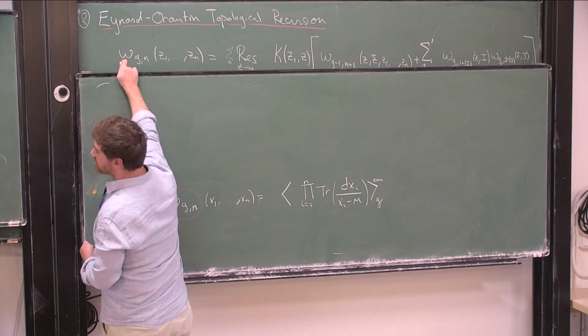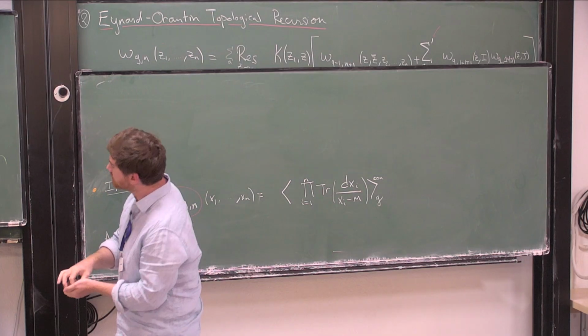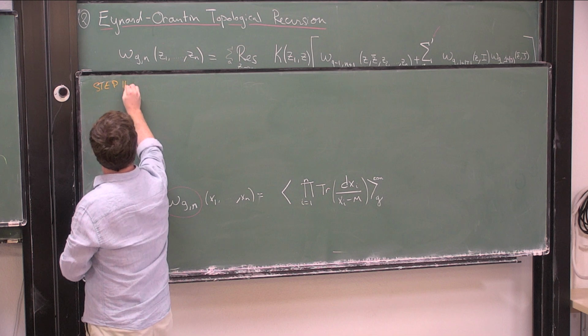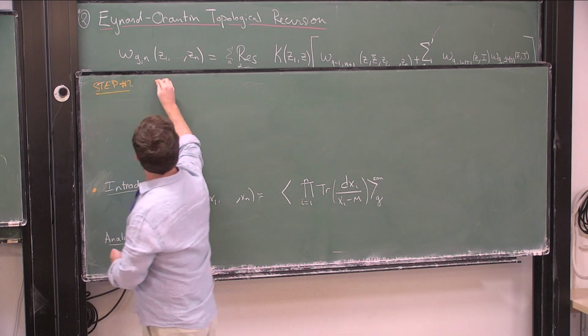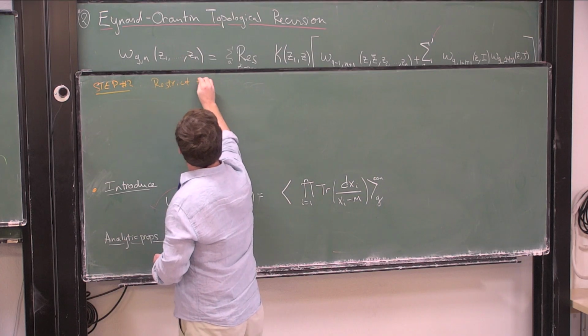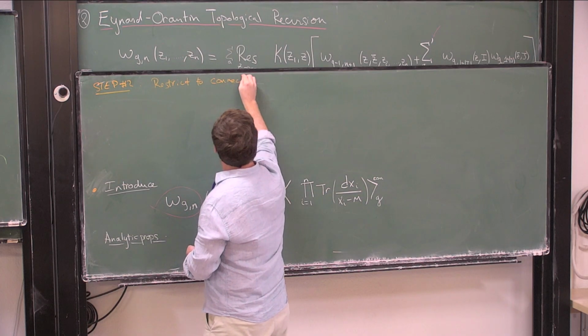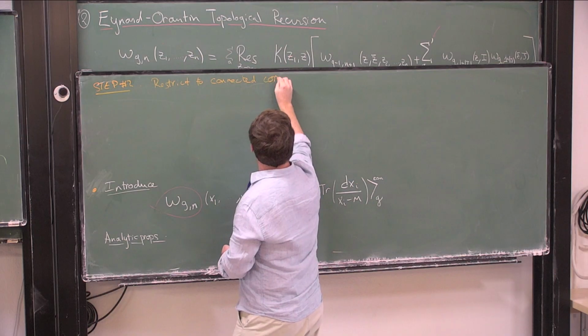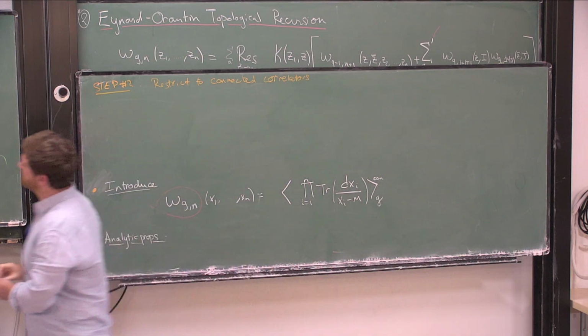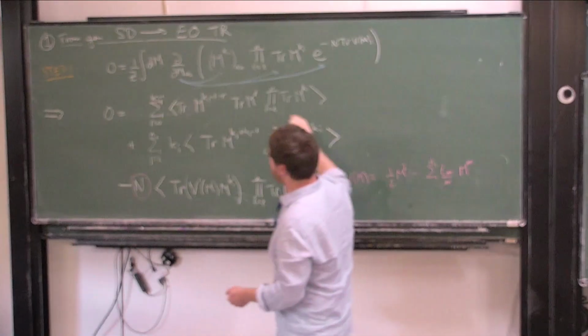So what this second step is going to do, this is step number 2. So now we're going to restrict to connected correlators. Correlator is kind of a physics term. By correlator, I mean these expectation values.